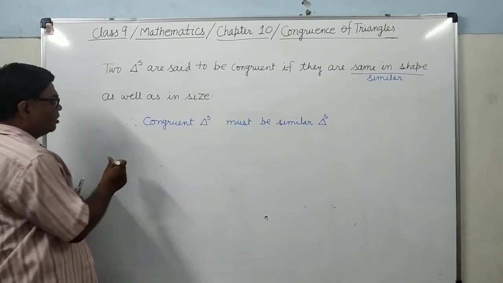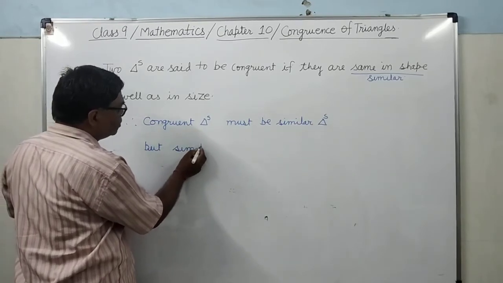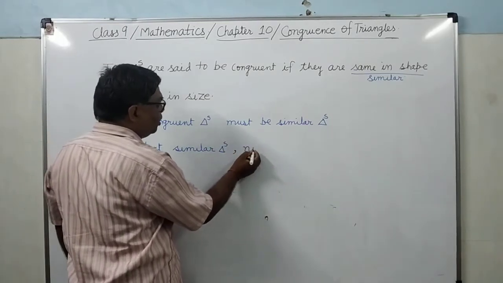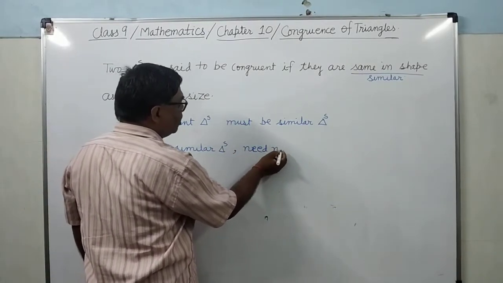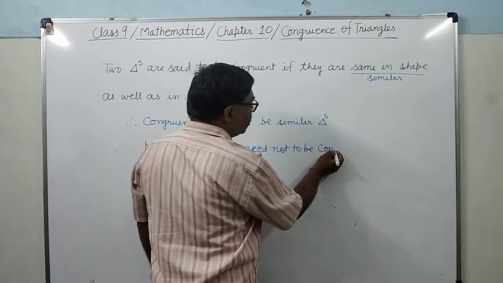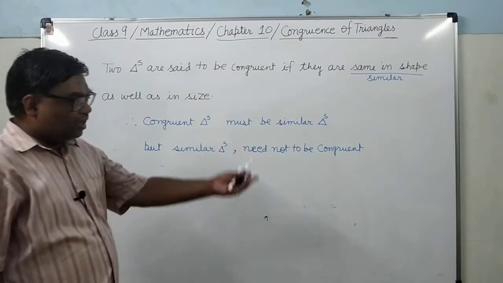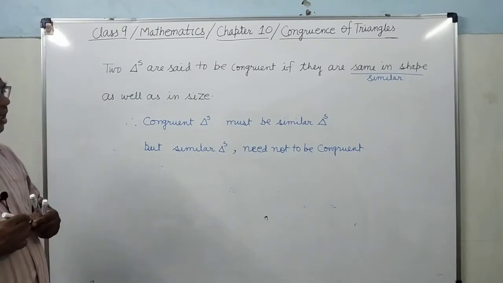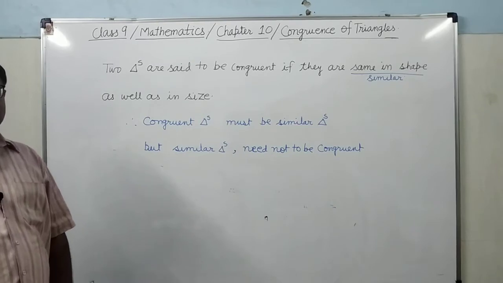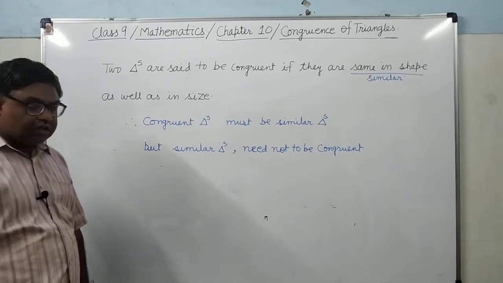That is, similar triangles need not be congruent. I have shown you in the starting various examples in which the figures were similar but they were not congruent.